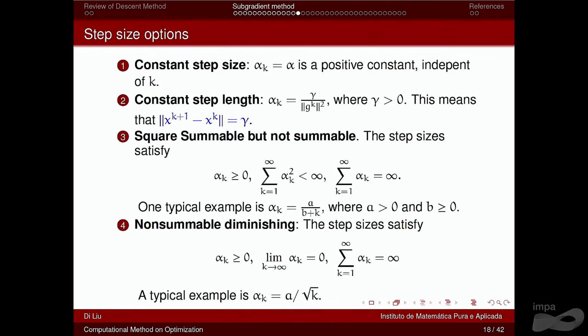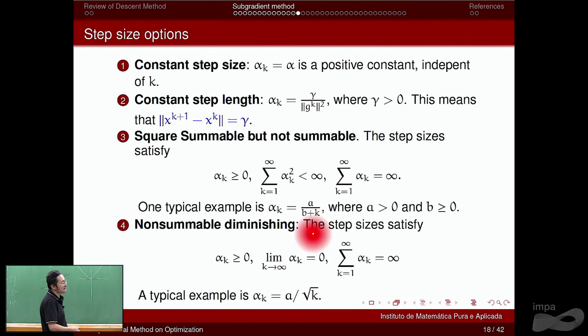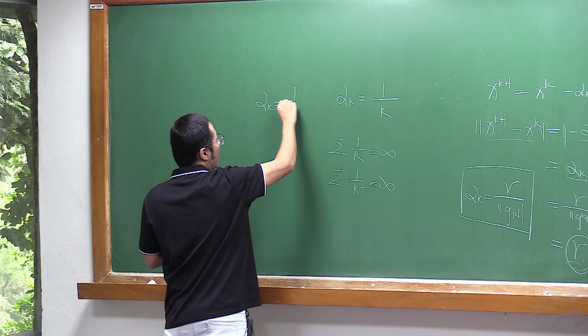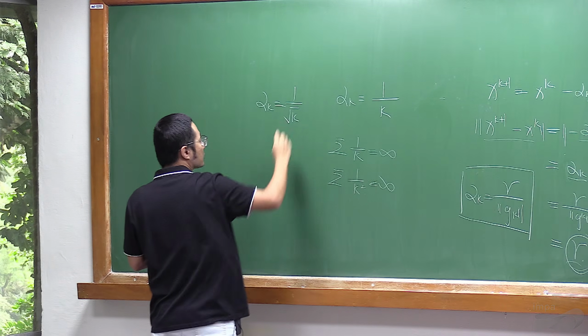Another one is the non-summable diminishing step size, which satisfies the following: alpha k is greater than 0, the limit of alpha k is 0, and it's not summable. As I mentioned before, you can choose alpha k to be 1 over the square root of k.